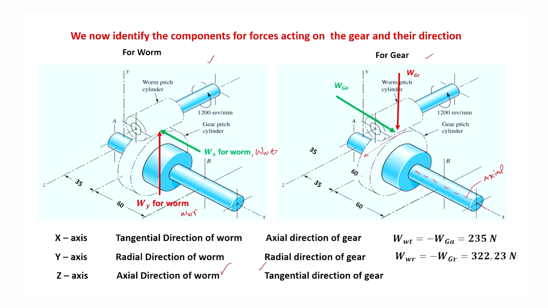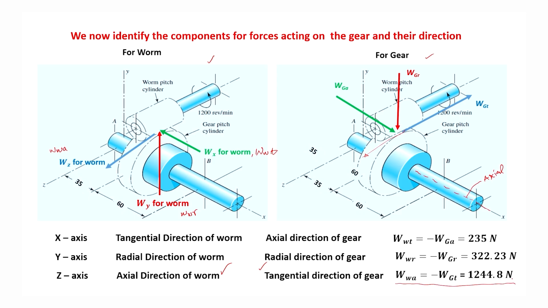It means whatever force was acting in the worm in the z direction, the reactionary force which will act in the direction of z will become the tangential force. So, it means WA is equal to minus of the WGT, and which is given here.